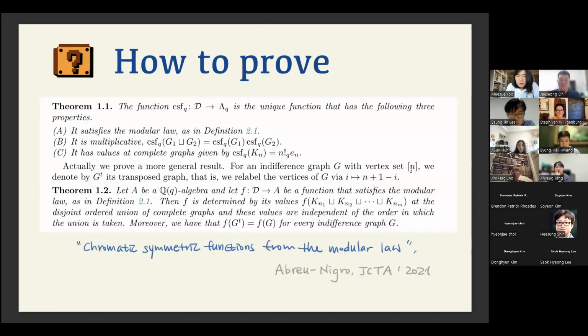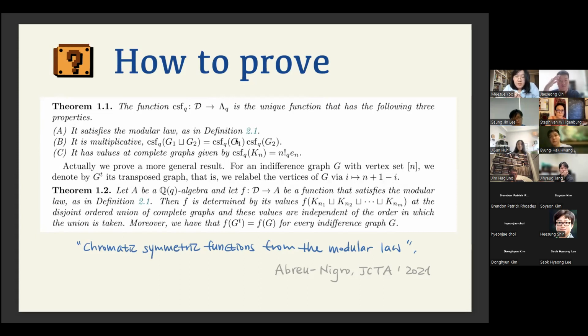Now I'll briefly explain how we prove this theorem. There is this theorem by Abreu and Nigro, which determines the chromatic quasisymmetric function. So if a function satisfies these 3 conditions, then that's your chromatic quasisymmetric function. The first one is the modular law, or the linear relation. And the second one is the multiplicativity of the graphs.